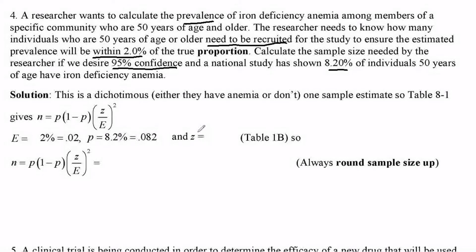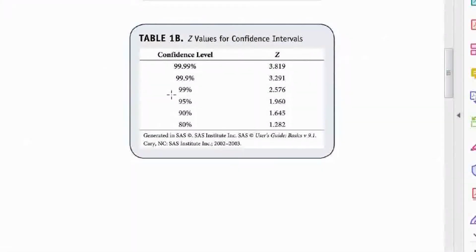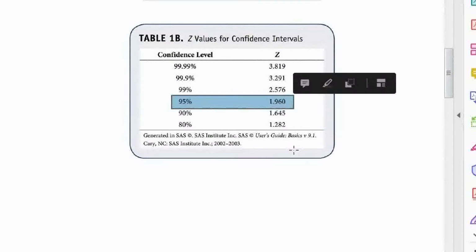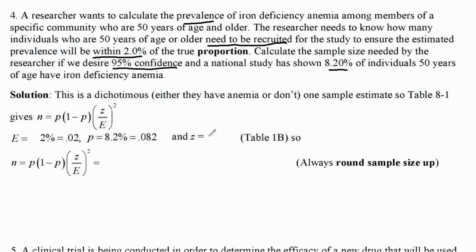And then the z-value that goes with 95% confidence, that's table 1b. So 95% confidence in table 1b is 1.96. So if we go ahead and compute our sample size here, this will be 0.082 is p times 1 minus p, 1 minus 0.082, and then times our z-value, 1.96.